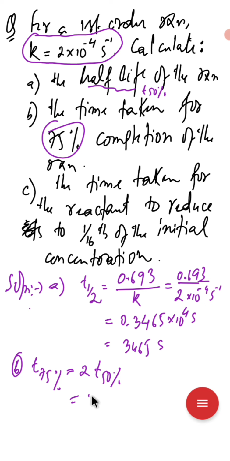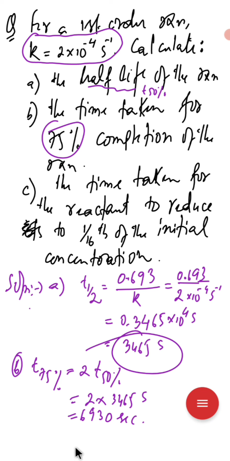So 2 times of this 3465 second, double of this one, right? So this is the time taken for 75% completion of the reaction.